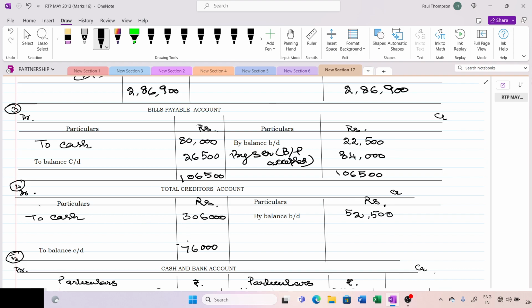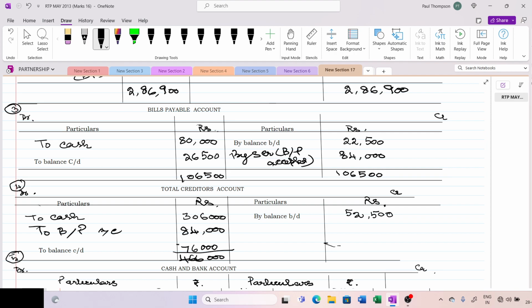This will go to the opposite side, 84,000. I'm not able to write in the correct place. So to BP account, it's payable account. So the total of this side comes to 4,76,084, 4 lakh 66,000.